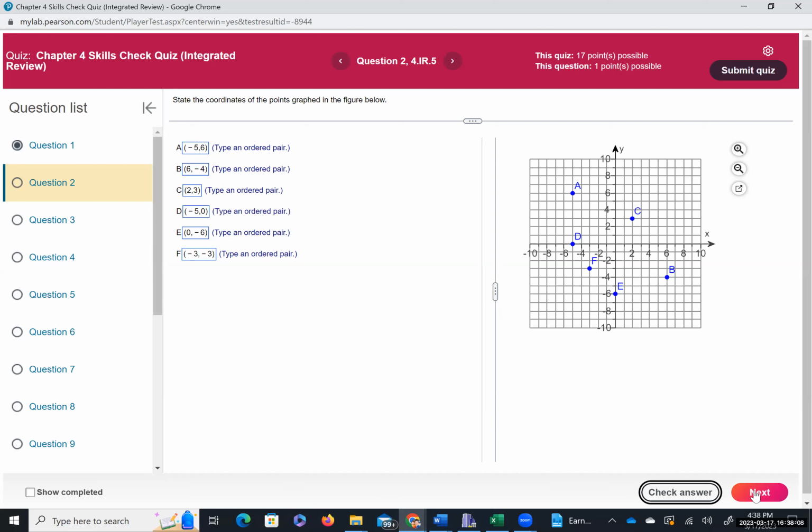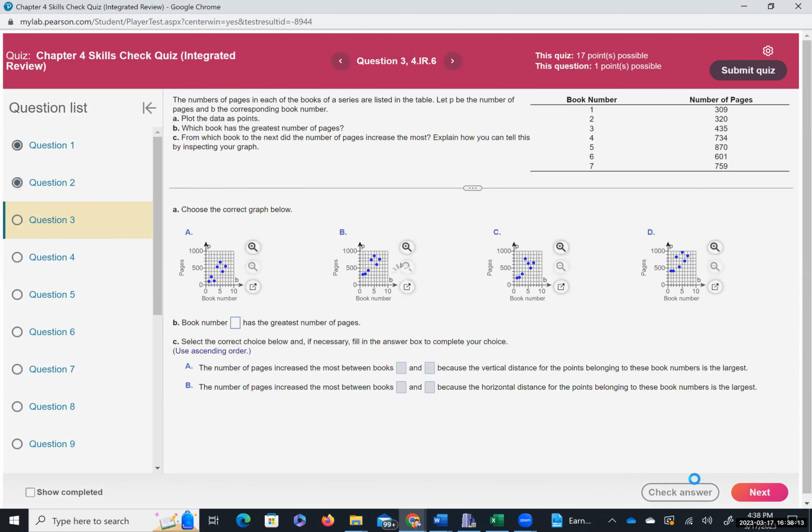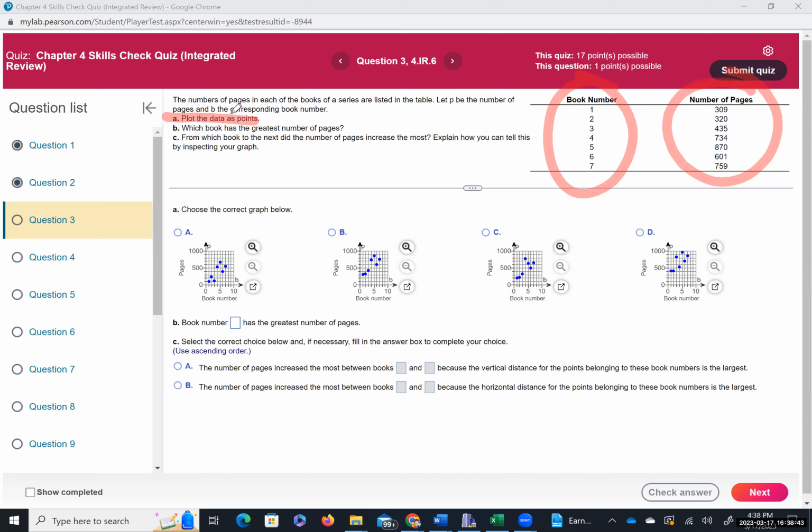Okay, so let's move to the next one. This problem could be a little bit challenging. They give you the book number and the number of pages, and they want you to plot the data as points.